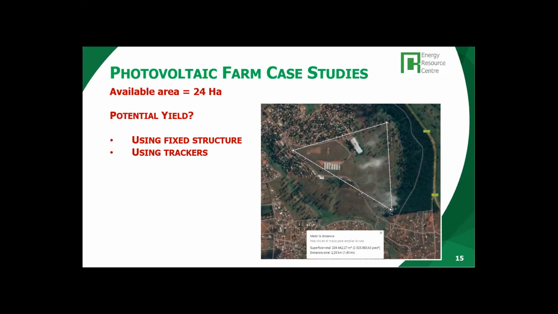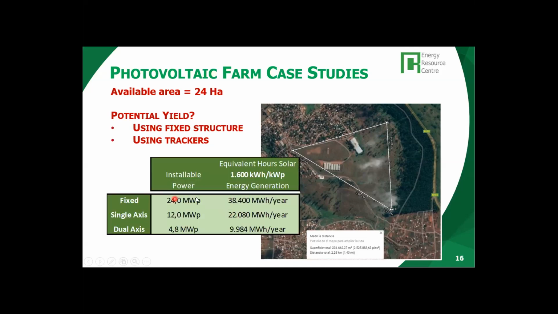It's 32,000, or a little bit more. If you use 20, yes; if you use 24, it's a little bit more. If you use 24, you will get 38.4 gigawatt hour per year, or 38,400 megawatt hour per year.